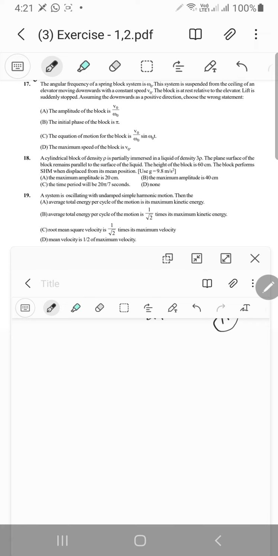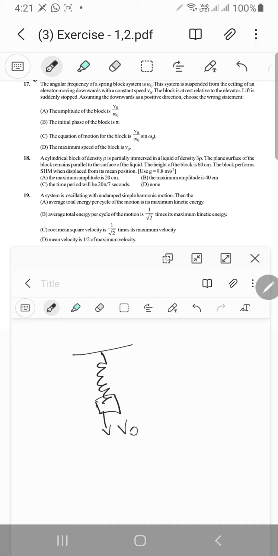Okay, cool. Initially it will not pull, so it's actually the mean condition that you just gave us. Once it stopped, at t equals 0, it still has this velocity v naught going on. Initially the angular frequency was omega naught, and it should still be omega naught. Assuming downwards as the positive direction, choose the wrong statement.